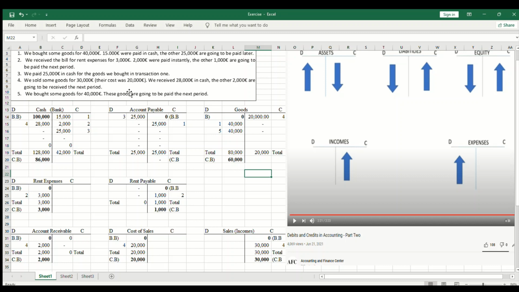And since we didn't pay for these goods, this is for us a liability. So this kind of liability for the goods we bought but we didn't pay is called account payable. So in transaction 5 we have to increase, respectively to credit liabilities, in this example account payable, for 40,000 euros.